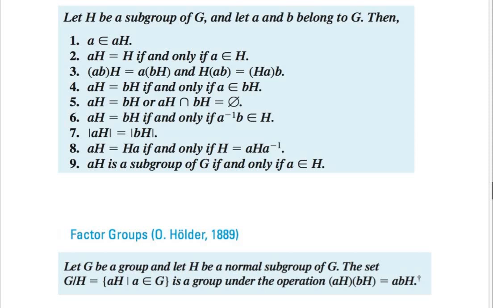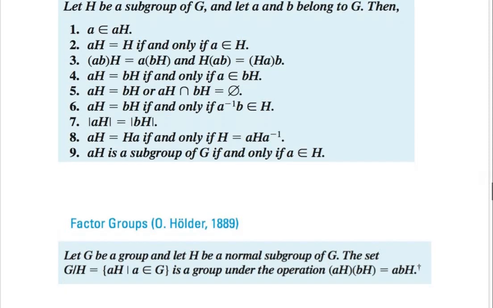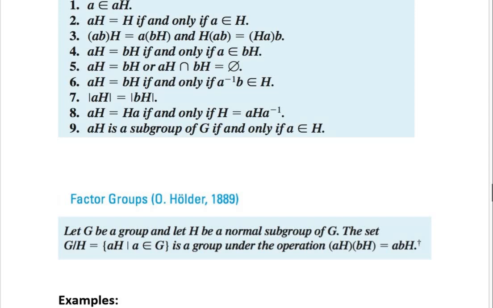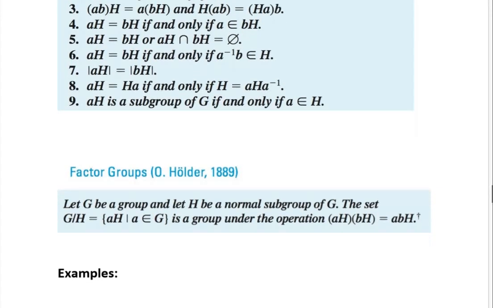Intersections are non-empty, blah, blah, blah, blah. And then if we had the normal subgroup, that's where we got our factor groups, okay?